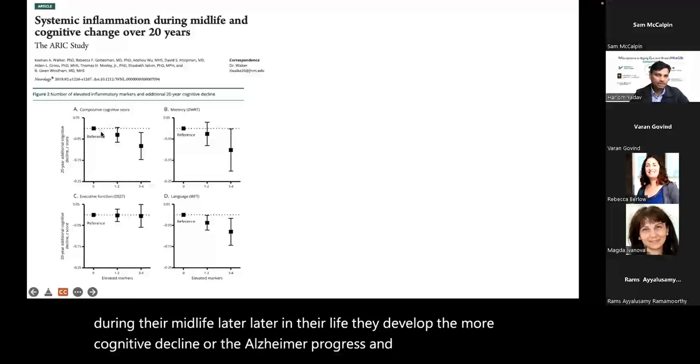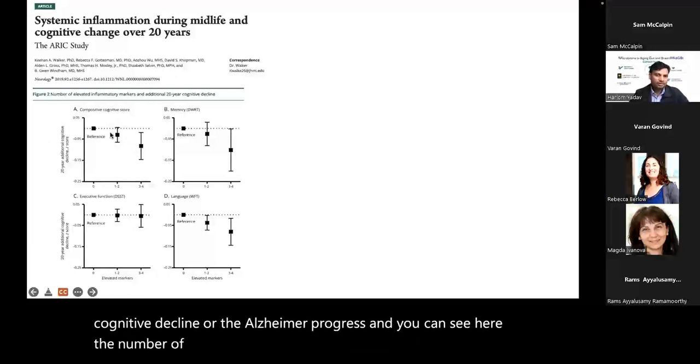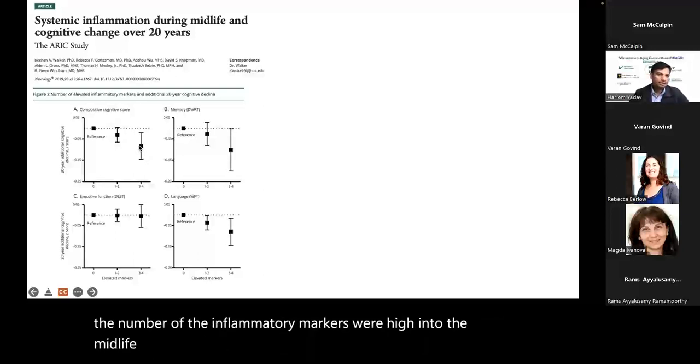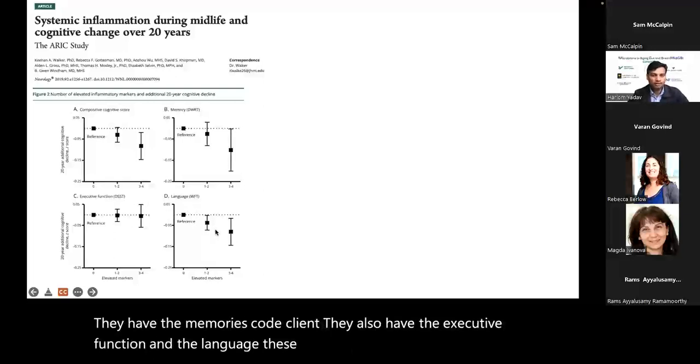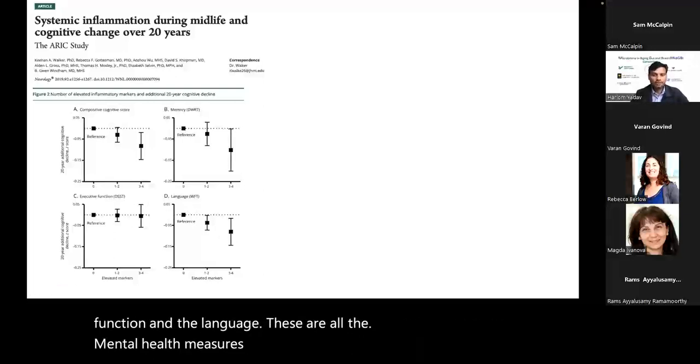And you can see here that those with a number of inflammatory markers high in midlife have a higher cognitive score decline. They have memory score decline, and they also have decline in executive function and language. These mental health measures are all significantly declined.